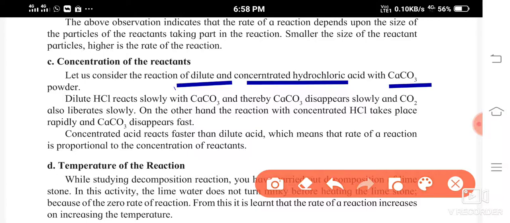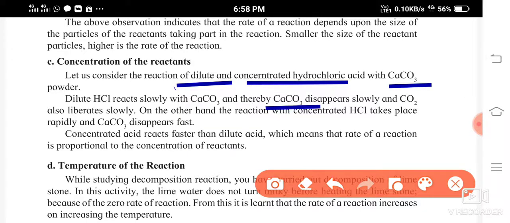When you add dilute hydrochloric acid, the reaction is going to be very slow. That is, the liberation of carbon dioxide is going to be slow, and the disappearance of calcium carbonate is also going to be slow. Whereas with concentrated hydrochloric acid, the calcium carbonate is going to disappear fast.